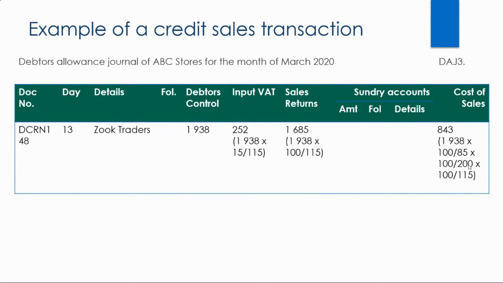But now the cost of sales column, remember that 1,938 Rand is the amount we owe after trade discount was taken into account. So to work out the cost of sales, we have to then reverse the trade discount from that amount. That is why we multiplied with 100 over 85. Then we multiplied with the markup percentage, which is the 100 over 200. And then we take out the VAT.